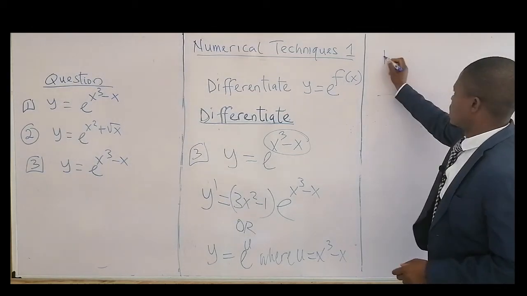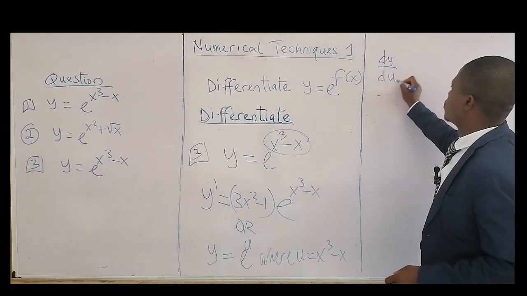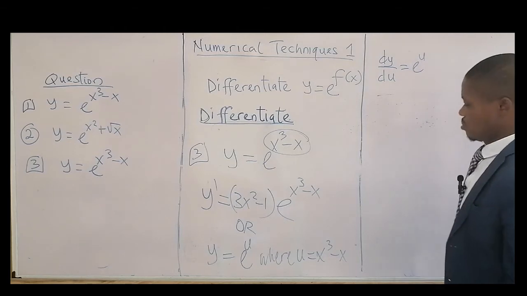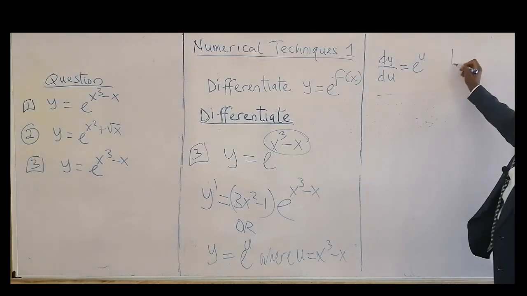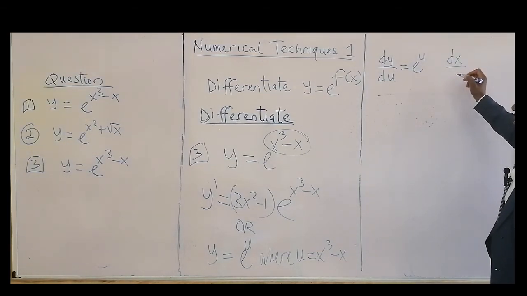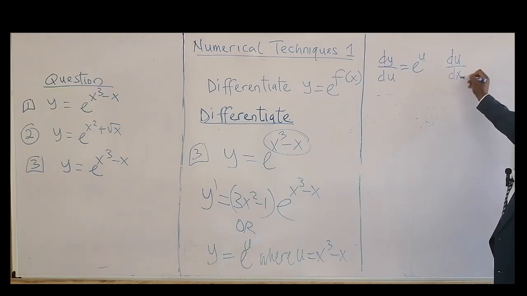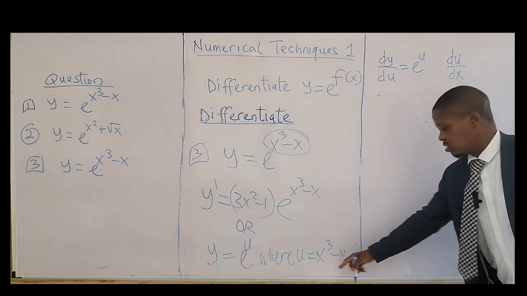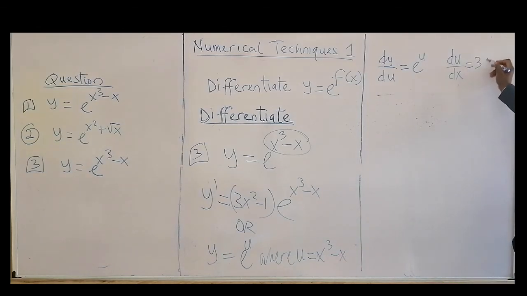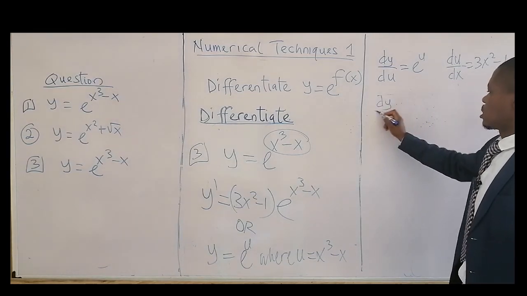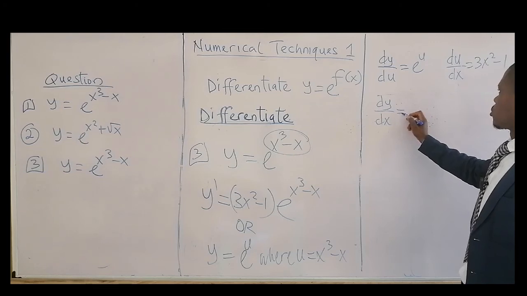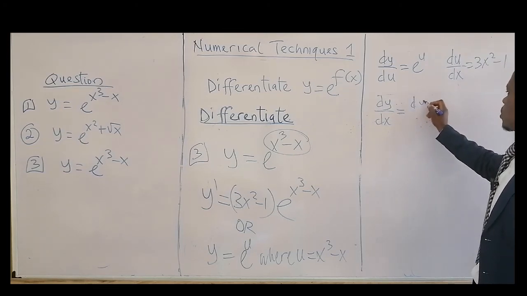Then we can get dy/du, which is e^u, and we can also get du/dx. If you differentiate this, that will give us 3x squared minus 1.